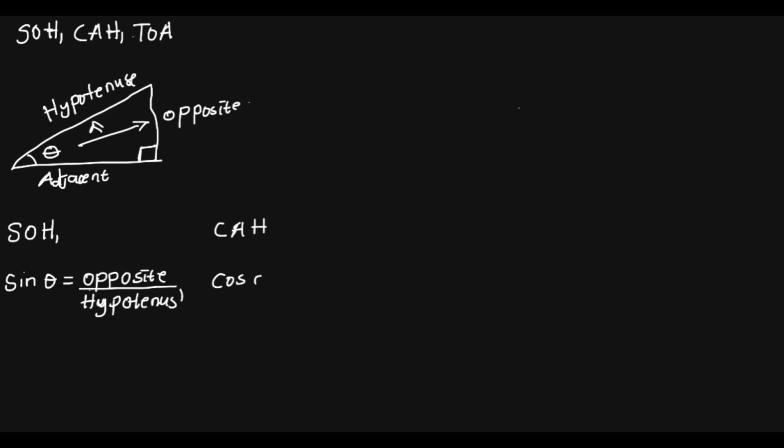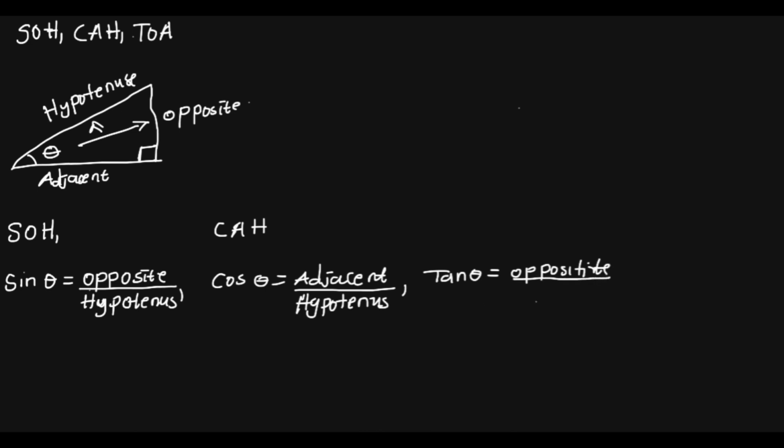C for cos: cos theta is equal to adjacent divided by hypotenuse. Then for the last trig ratio, we have TOA, T for tan. So tan theta is equal to opposite divided by adjacent.